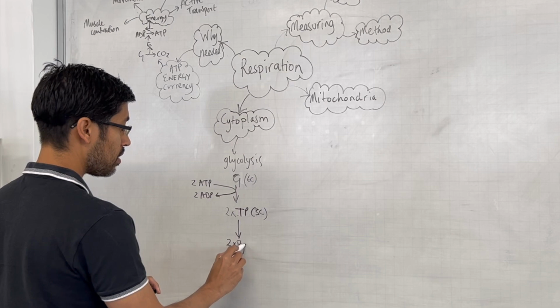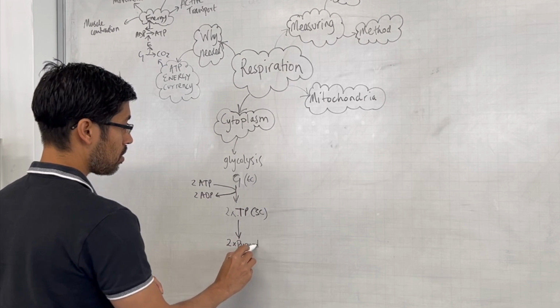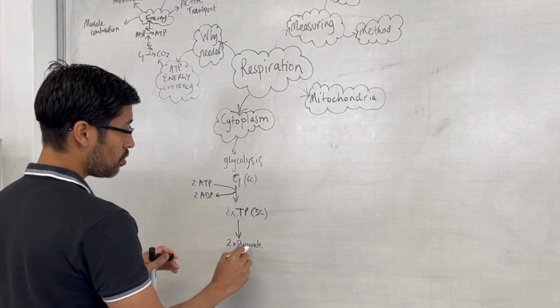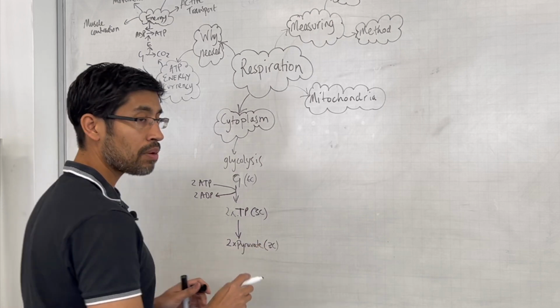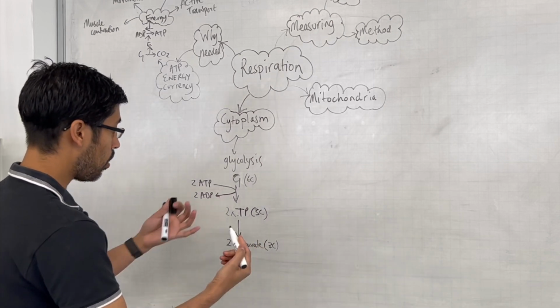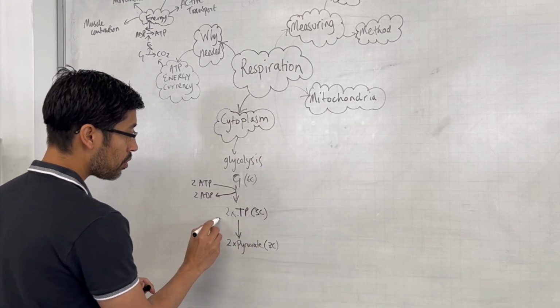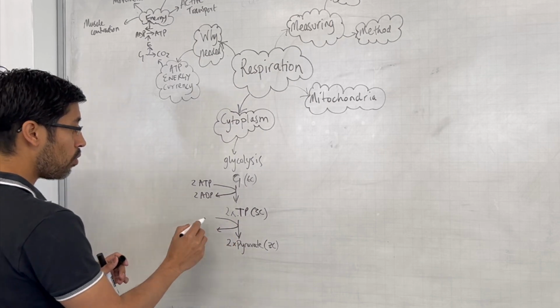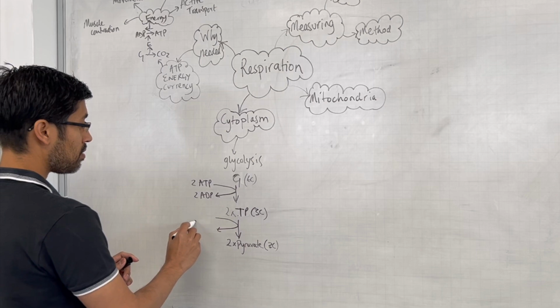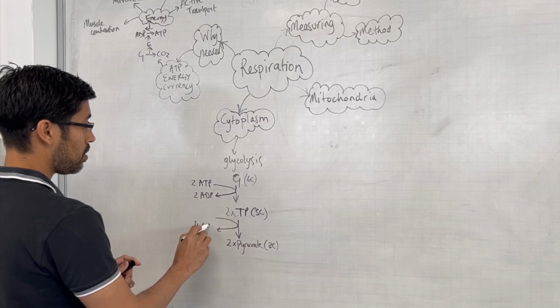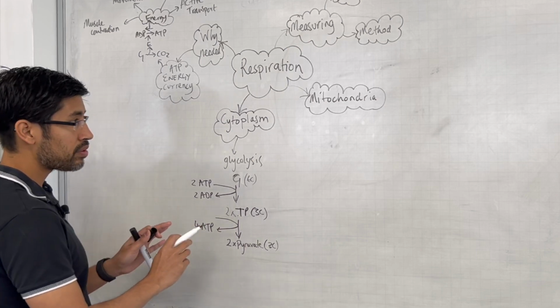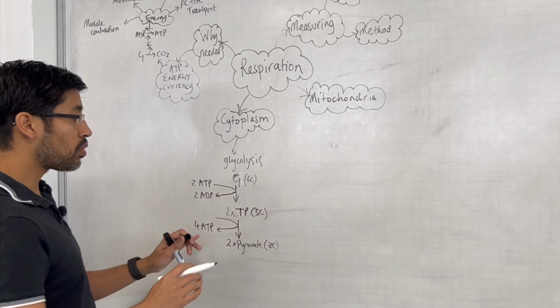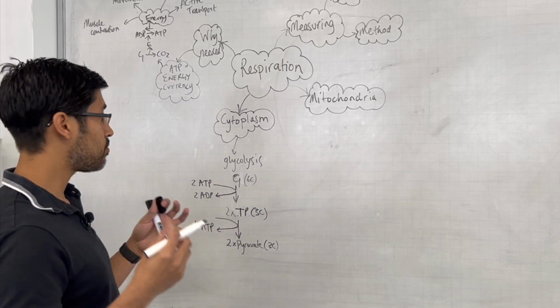So the end of glycolysis produces 2 pyruvate molecules, which are both 3 carbon. Long story short, in that process, however, we generate 4 ATPs. Now this was not made in the mitochondria, so we call this substrate level phosphorylation.